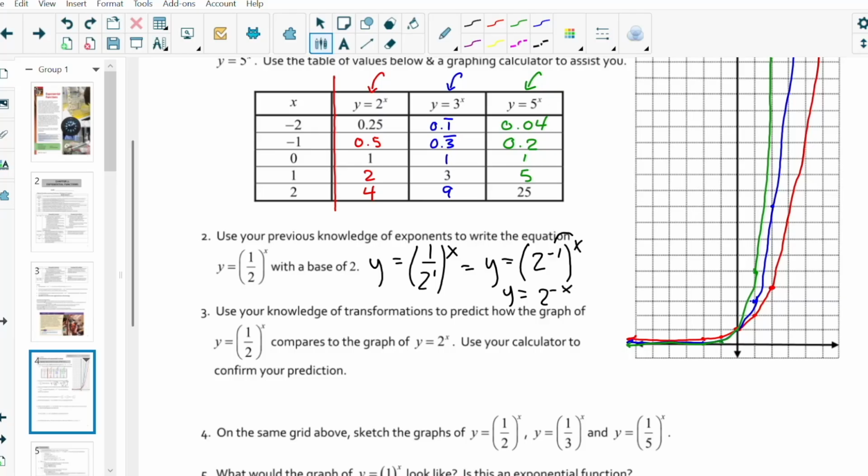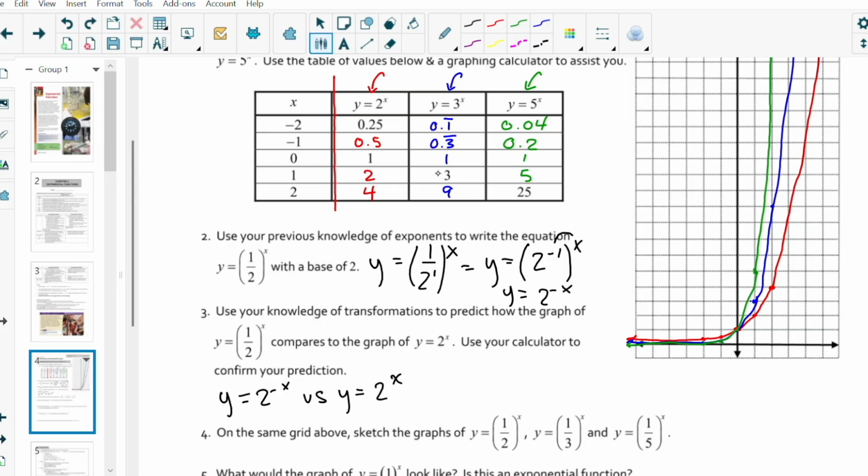Use your knowledge of transformations to predict how the graph of y equals (1/2)^x compares to the graph of y equals 2^x. Use your calculator to confirm your prediction. Let me put these two functions side by side.